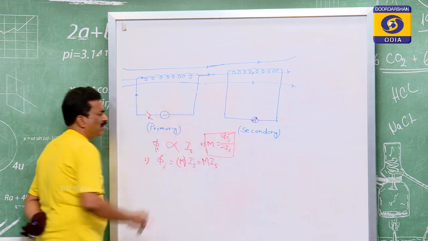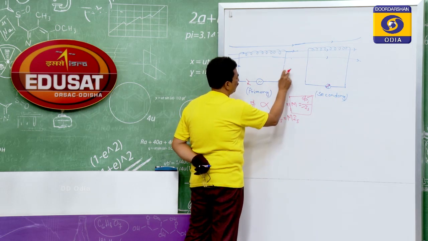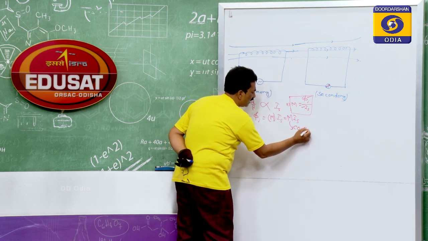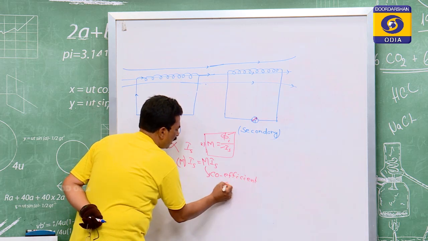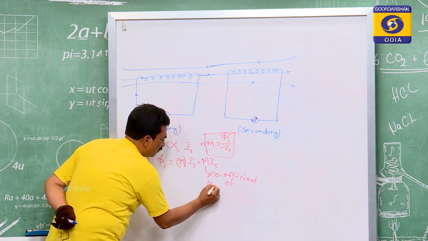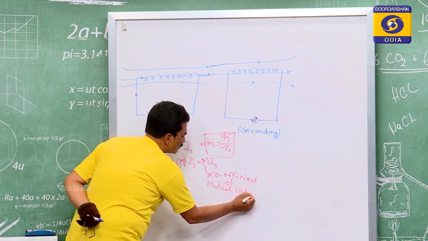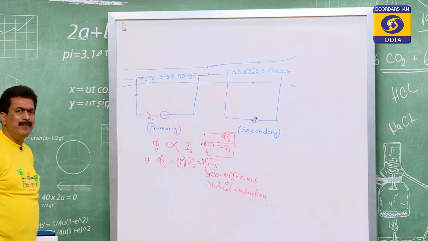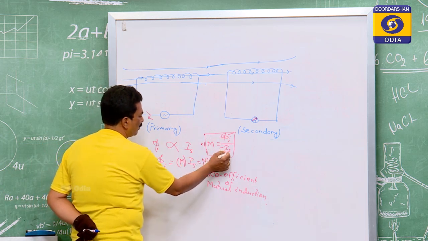This is one of the definitions of the coefficient of induction for the secondary one, and this M is treated here as the coefficient of mutual induction. Means M is equal to phi I by Is.